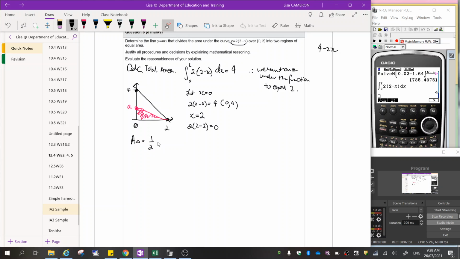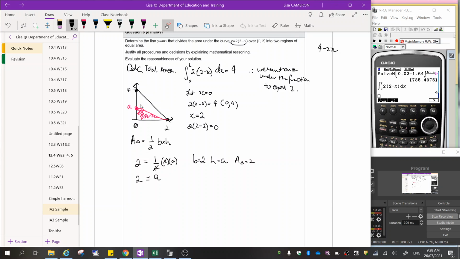It is half of base times height. So that means we want 1/2, the base is going to be 2, and we're going to leave the height as A. We want the area to be equal to 2. So cancel, cancel, I'm left with A equals 2.